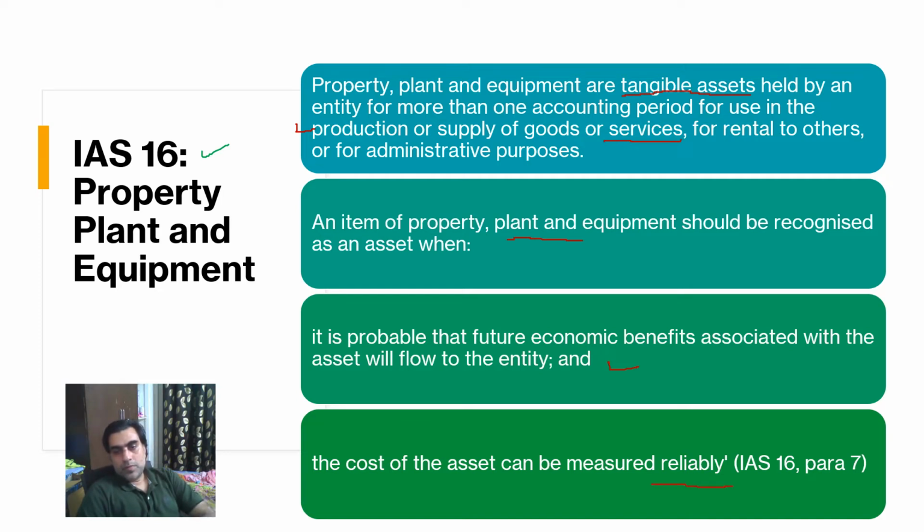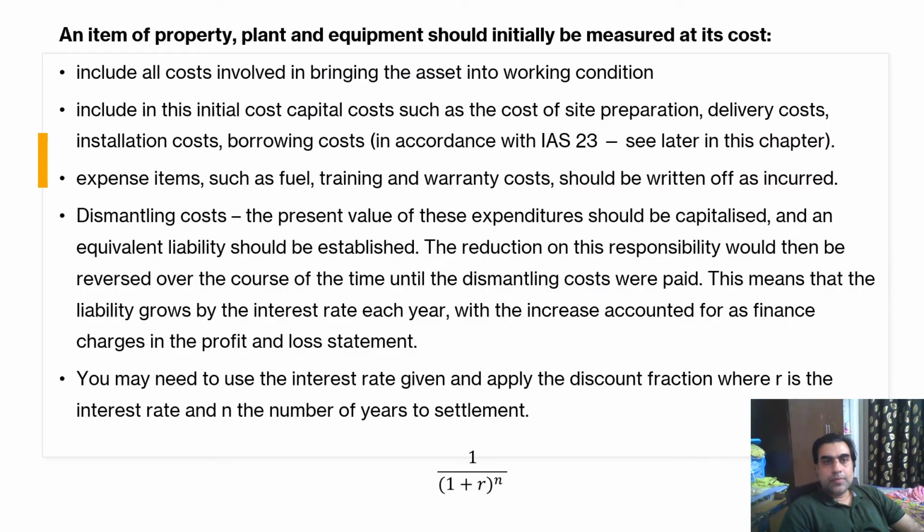If you are able to measure the cost of the asset reliably, you can recognize that asset as property, plant and equipment. An item of property, plant and equipment should initially be measured at its cost.